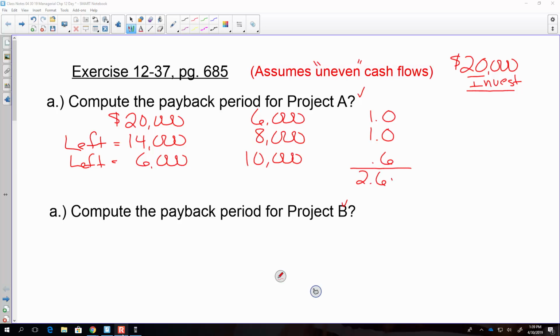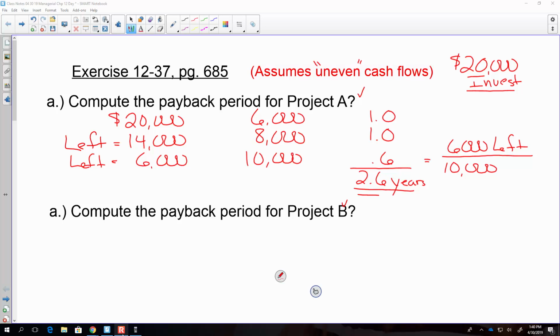So 2.6 years is the payback. And how did I get the 0.6? I had $6,000 left to pay back. My cash flow in year 3 was 10, and that gives me my 60%, or 6/10 of a year, and then I should have that paid back.